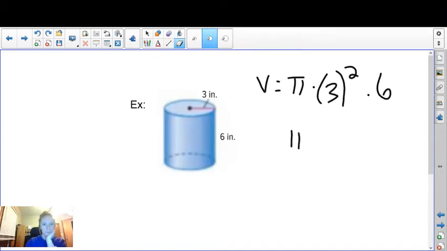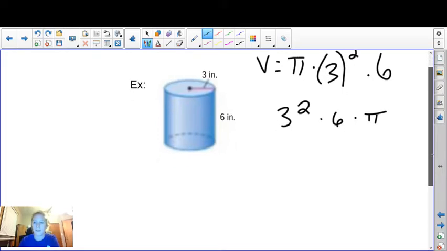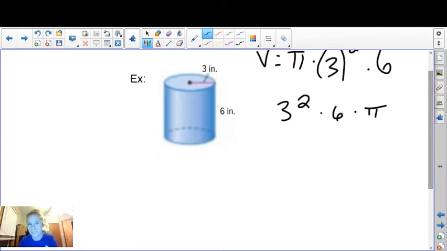And we know with multiplication we can reorder stuff. I'm going to move my pi to the back, and by back, I mean the last thing I write, because it'll be easier when I plug stuff in my calculator.